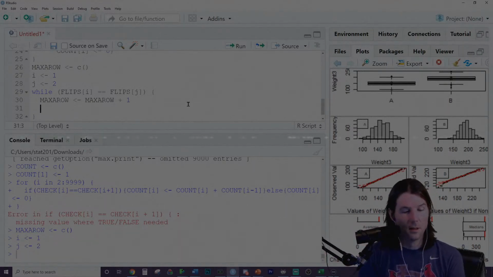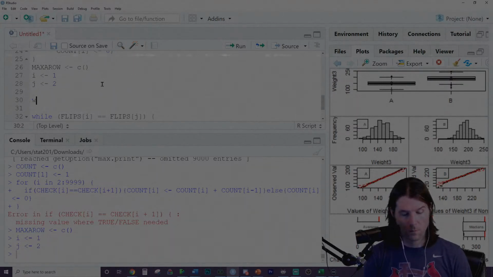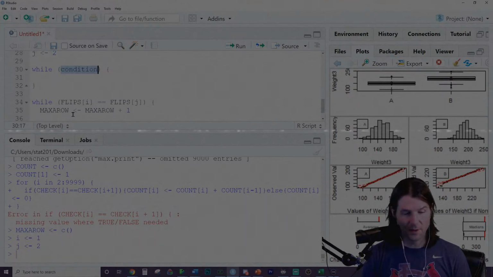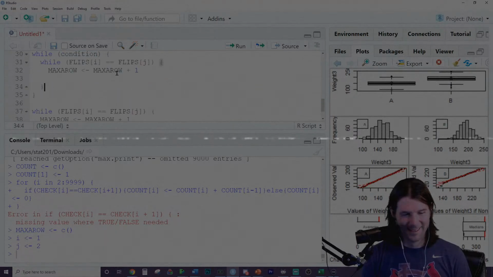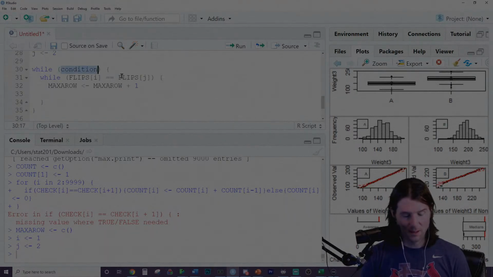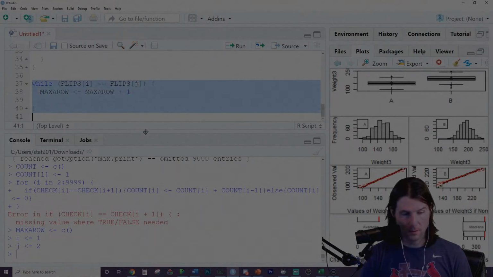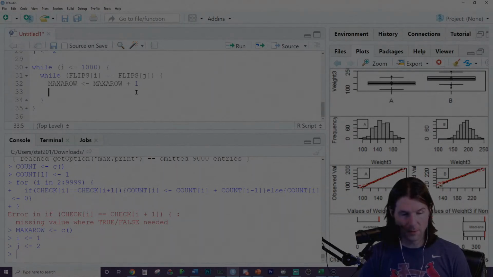Oh man. And we need to say while. Okay, wait. Then we go here. This is like me having fun. This is sad. While I is less than or equal to 10,000, run this loop right here. Okay, good. It's going to keep doing it while I is less than or equal to that.